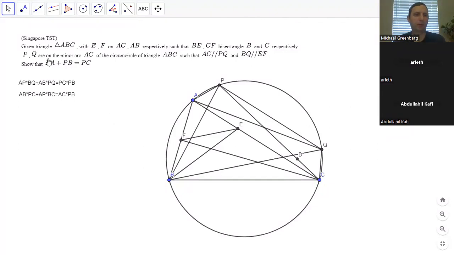I wonder what happens when I take PC and replace it with PA plus PB here. It feels like this one's the easier one to work with because it doesn't have point Q in it.